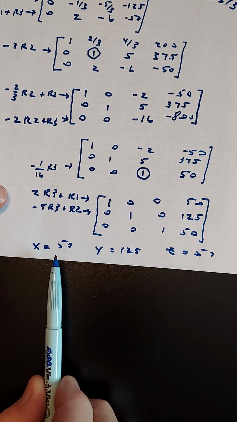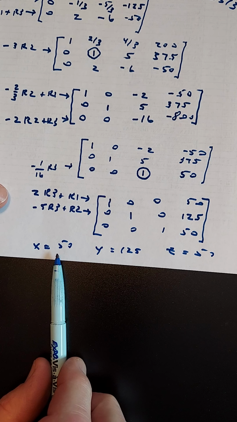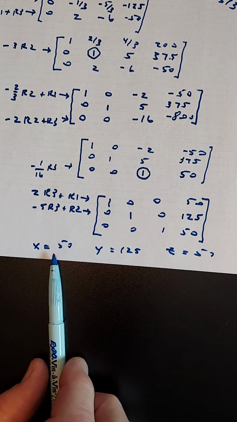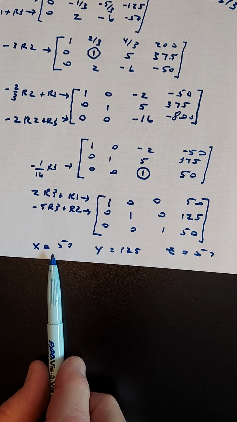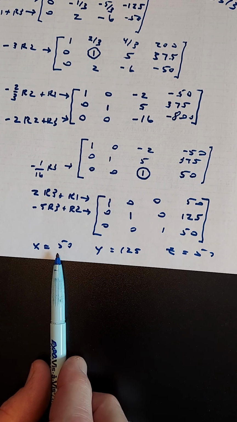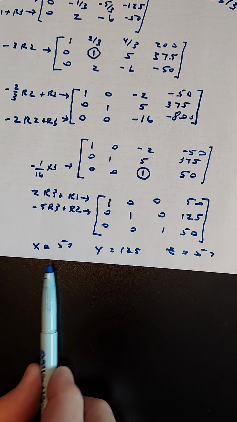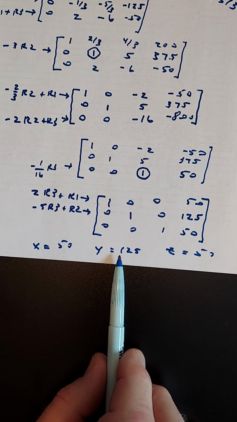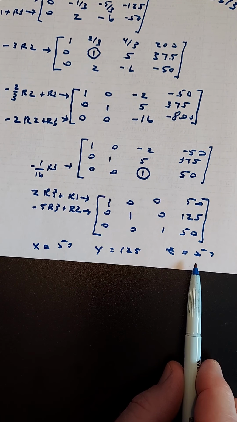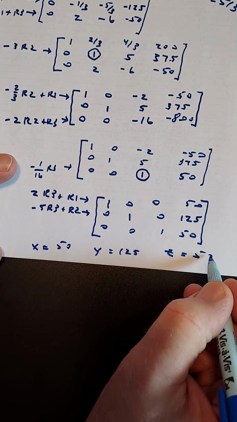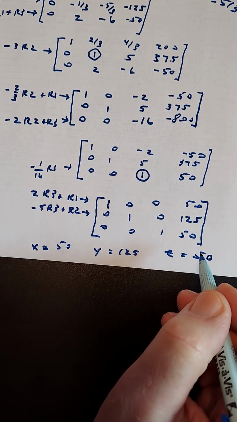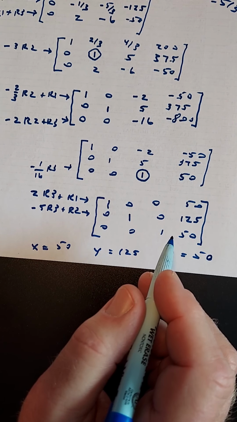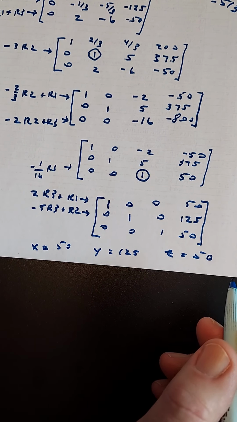So what that told you is we have 50 jackets, 125 vests, and 50 comforters. And that answers our question going back to example 3.